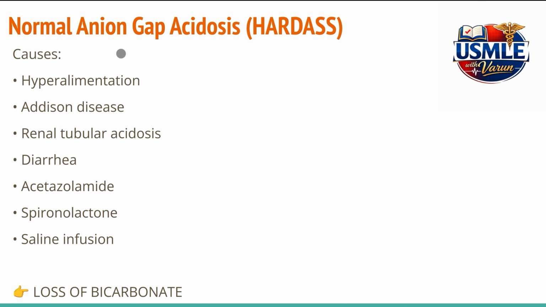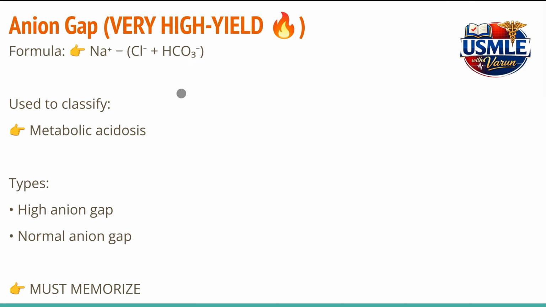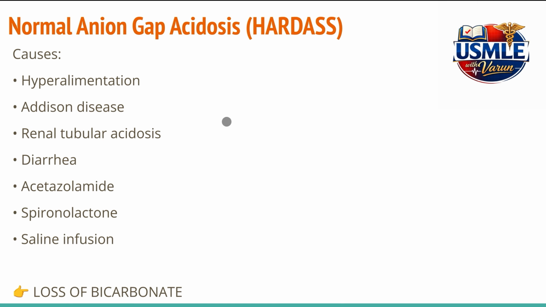Whereas with regards to causes of normal anion gap metabolic acidosis, the anion gap is nothing but the sodium subtracted by the concentration of the negative ions, like chloride and bicarbonate. So sodium minus chloride minus bicarbonate gives us the anion gap.